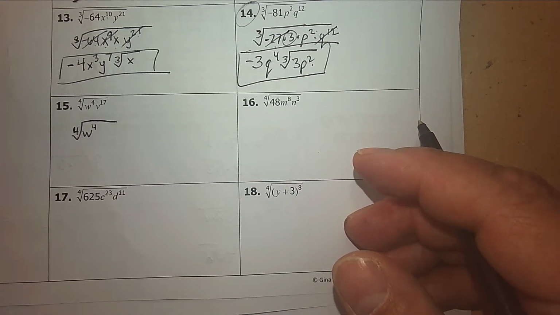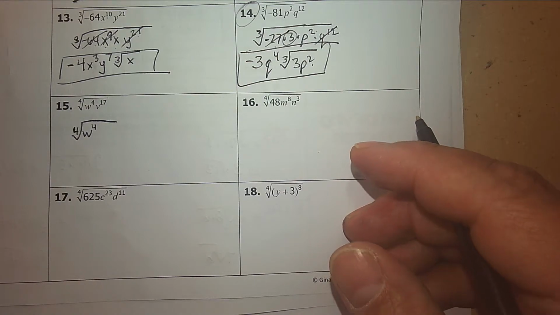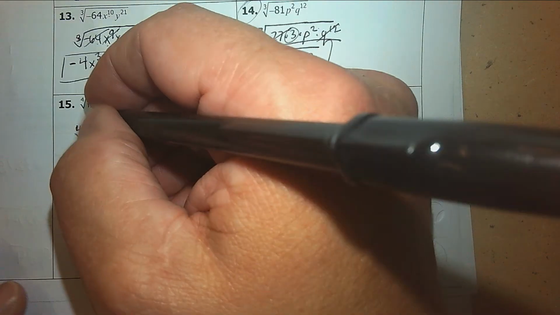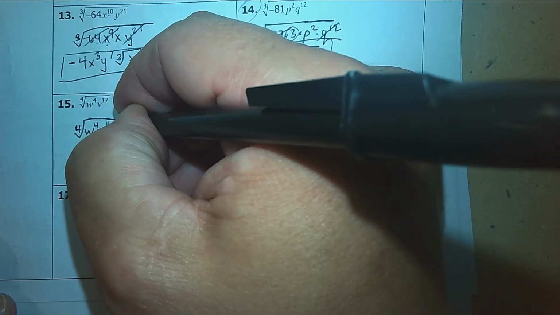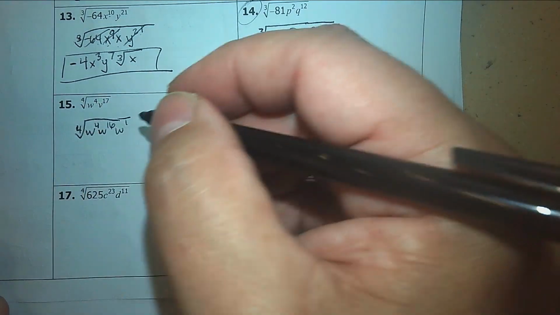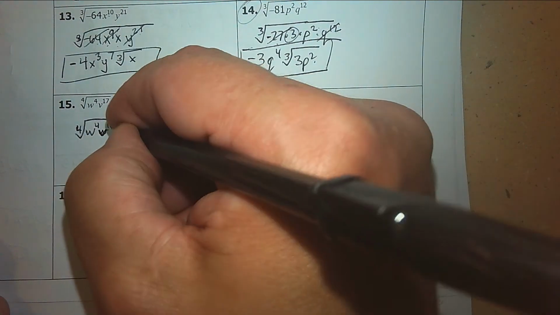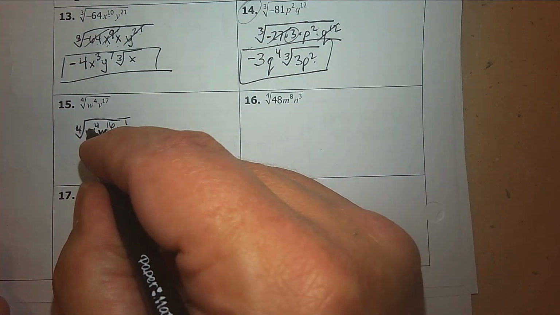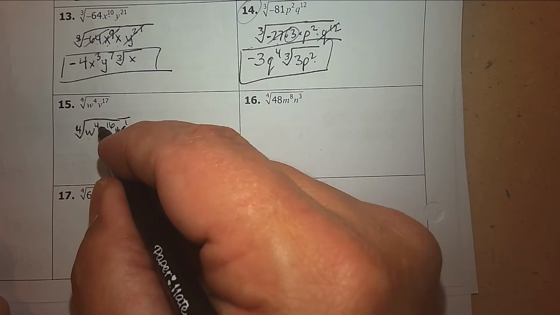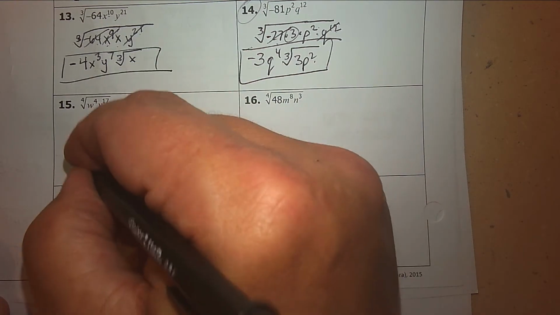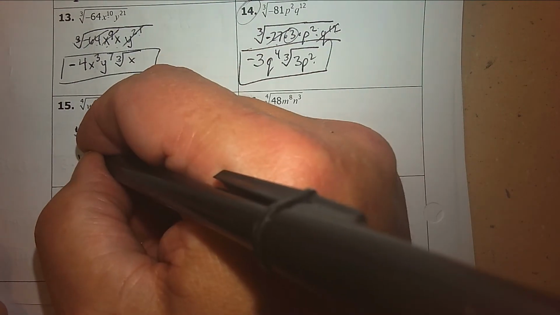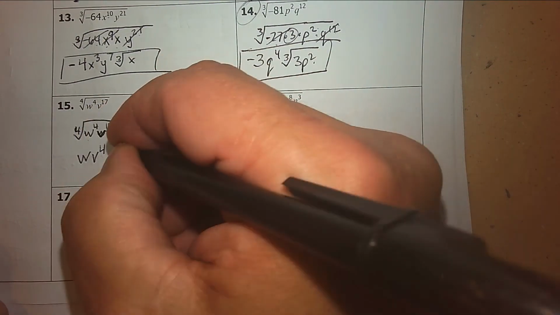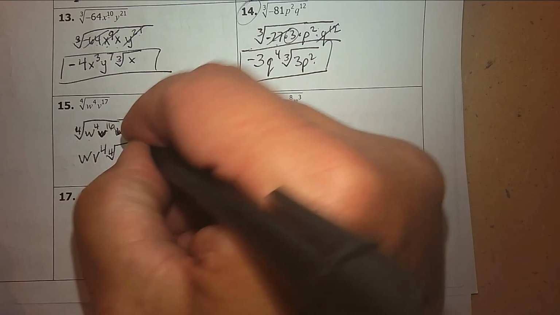It goes into 4 evenly. But 17, what multiple of 4 is close to? So I break it down to 16 and 1. And that's a V. So what's the 4th root of W to the 4? 4 divided by 4 gives me 1W. 16 divided by 4 gives me V to the 4. And what's left over is the 4th root of V.